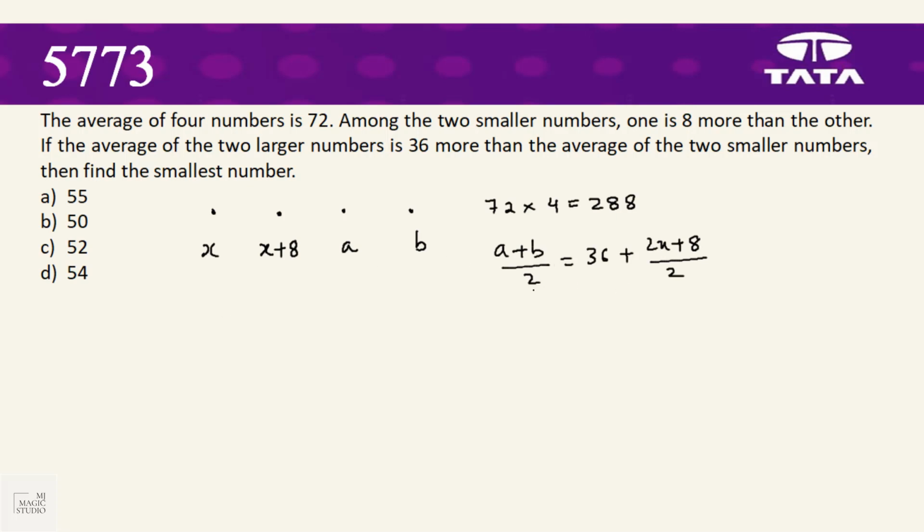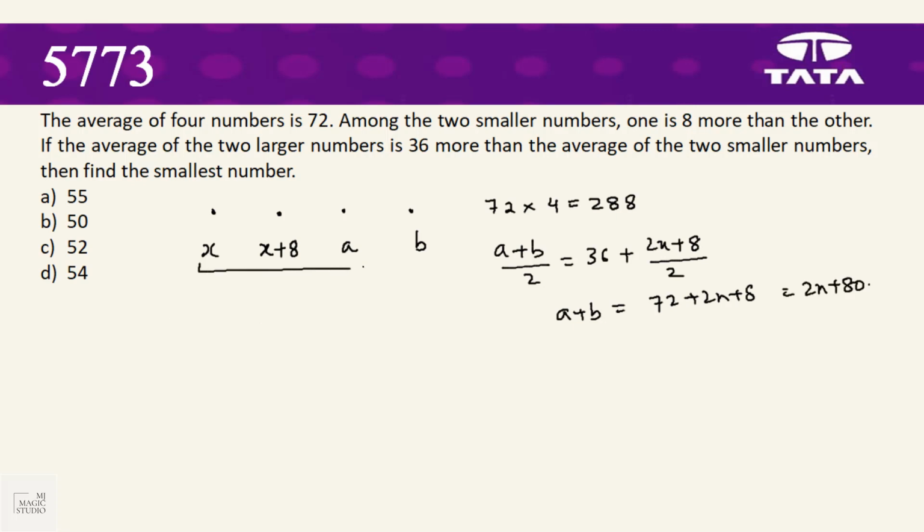Okay, so a plus b would be equal to 72 plus 2x plus 8, that is 2x plus 80.